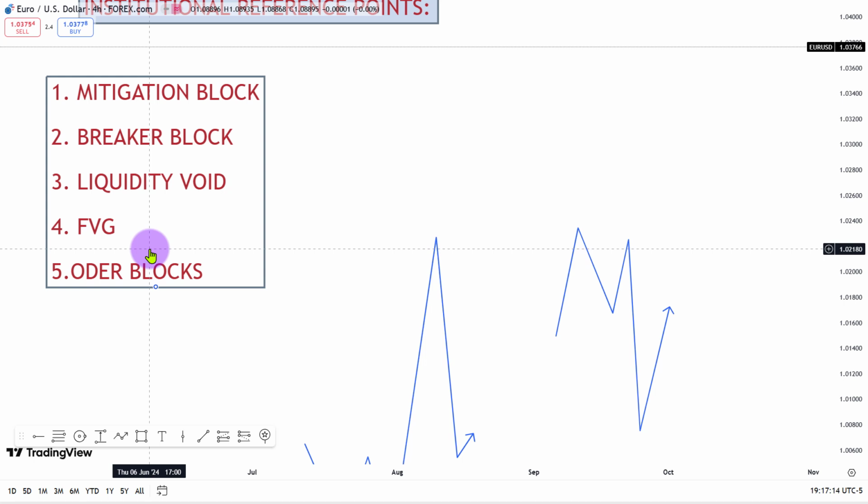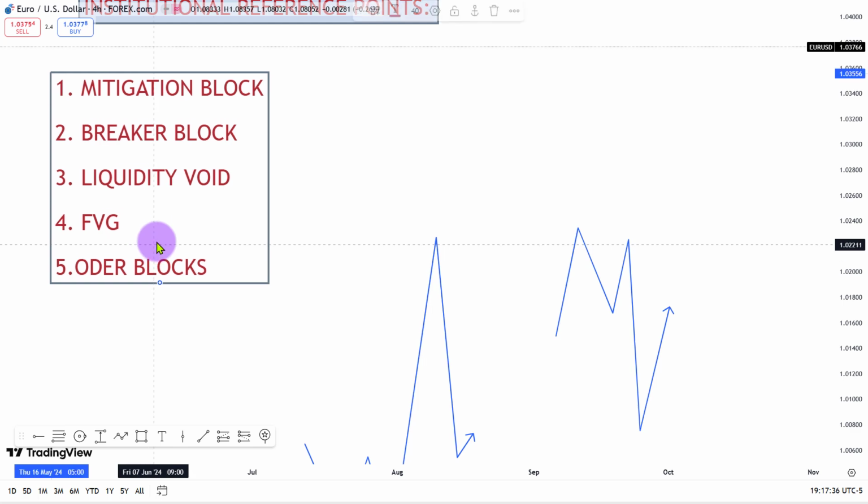Once you see that, we call it confluence. It's a confluence of more than one institutional reference point at the same place. So once you see that, you know this is a high probability setup because there's more than one institutional reference point confluencing at the same price point.